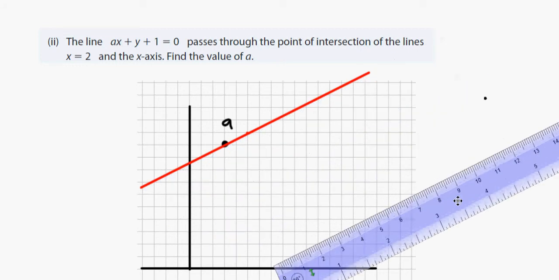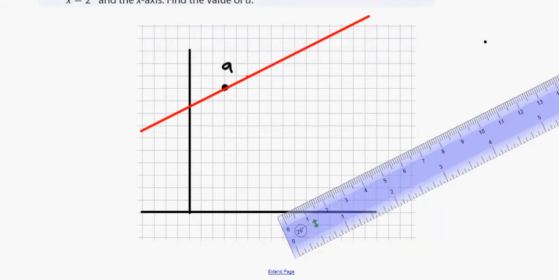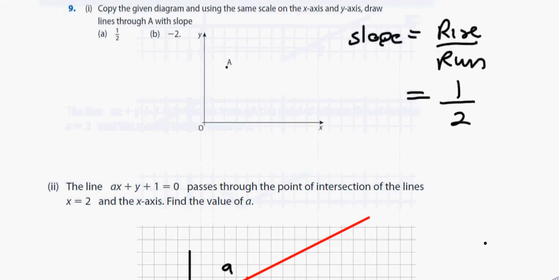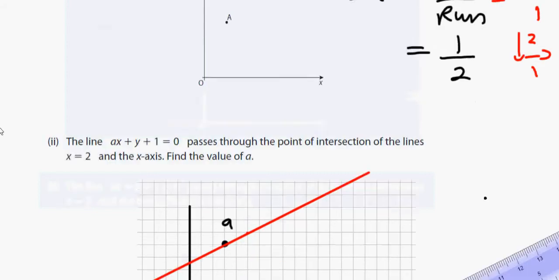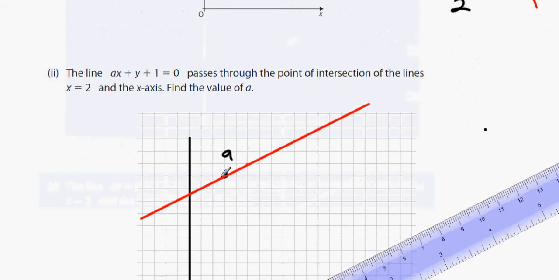Now we're on the second line where we have to do a slope of -2. Once again remember, for a slope of -2 the rise can be -2 and the run can be 1. So it drops down 2 and across 1. So I'm going to go to point A and go down 2, across 1, which will get me here.